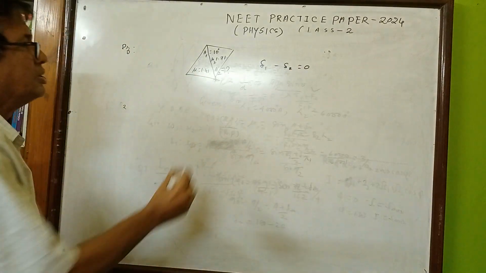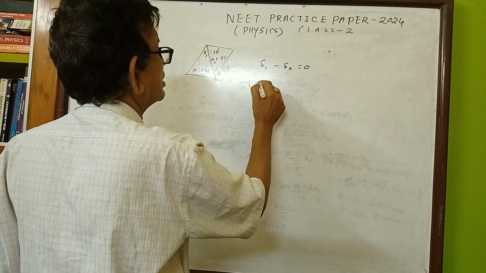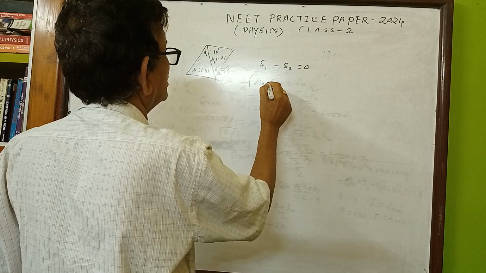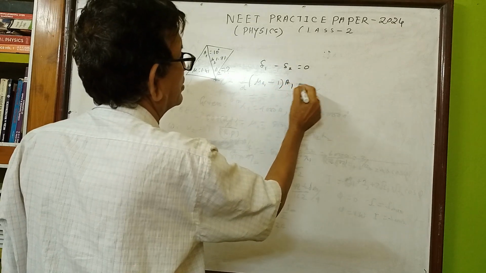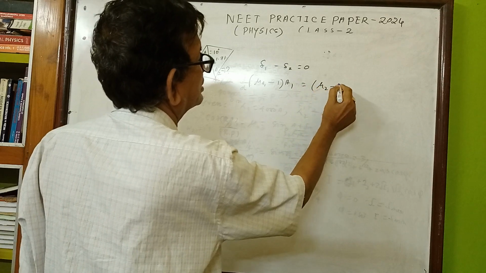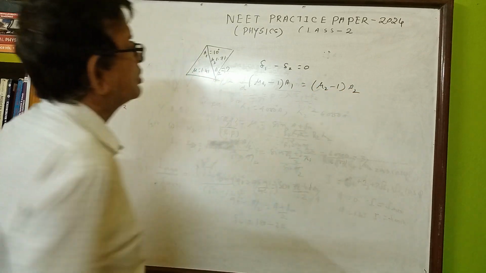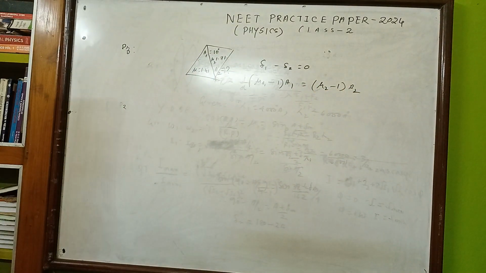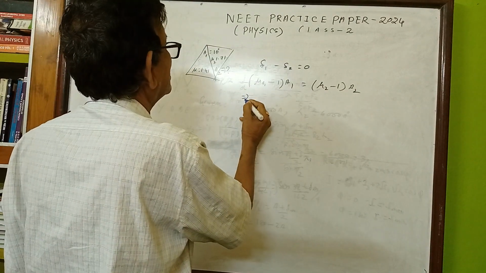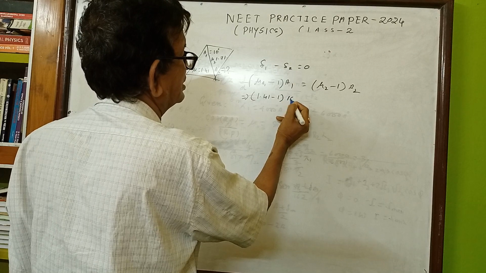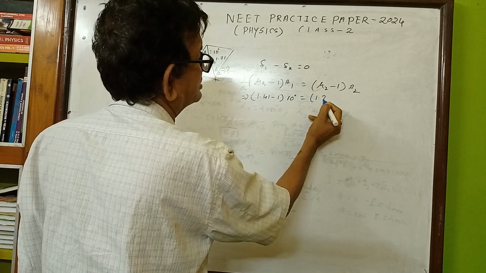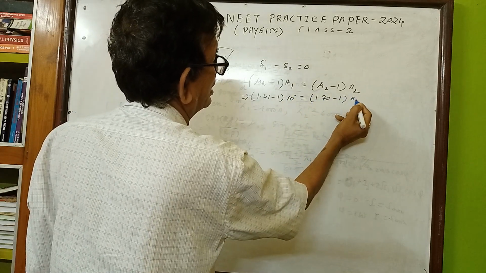No deviation. So you can write (mu 1 minus 1) into A1 equals (mu 2 minus 1) into A2. From that condition you can write. So if you put all these values, you get (1.41 minus 1) into A1, which is 10 degrees, equals (1.70 minus 1) into A2.